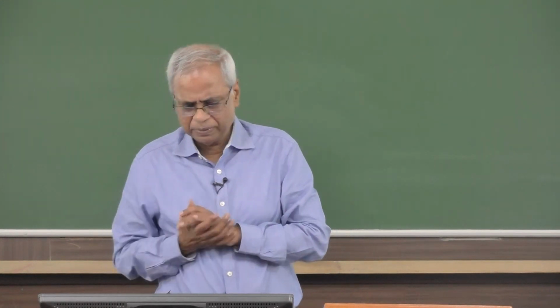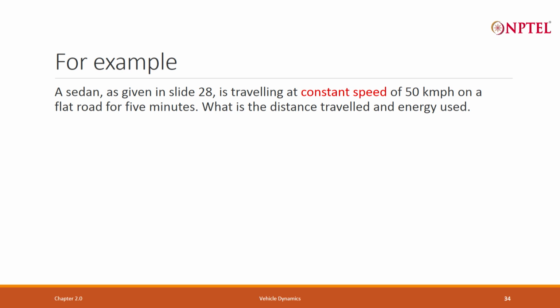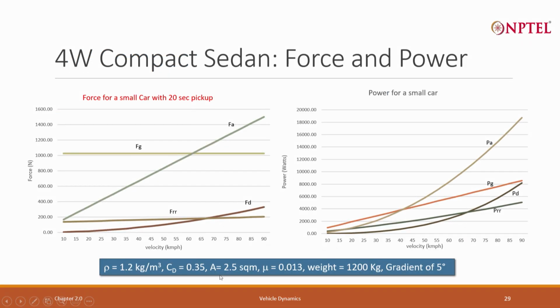So, I will take an example: a sedan which is driven at a constant speed of 50 kilometer per hour. Let us assume this is the vehicle, the sedan, on slide number 29 here, not 28, because I probably added a slide here.